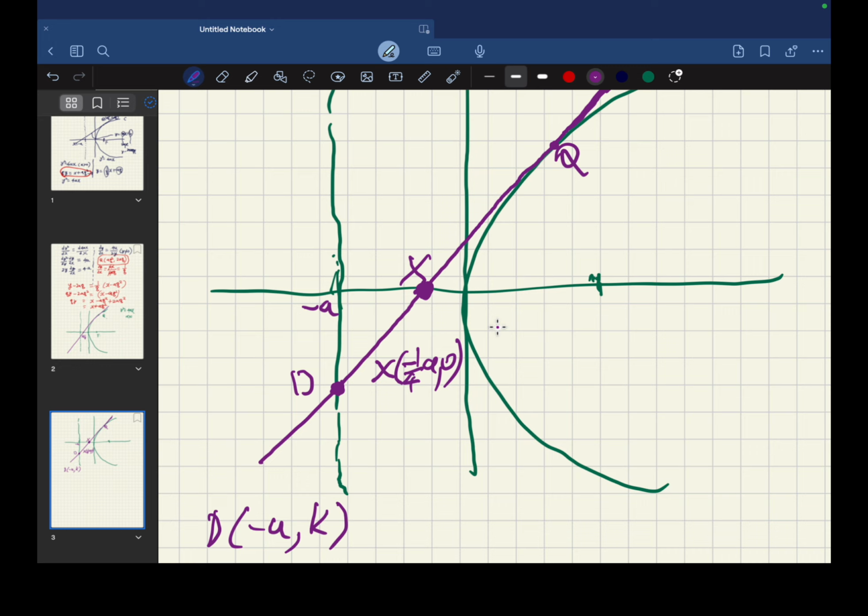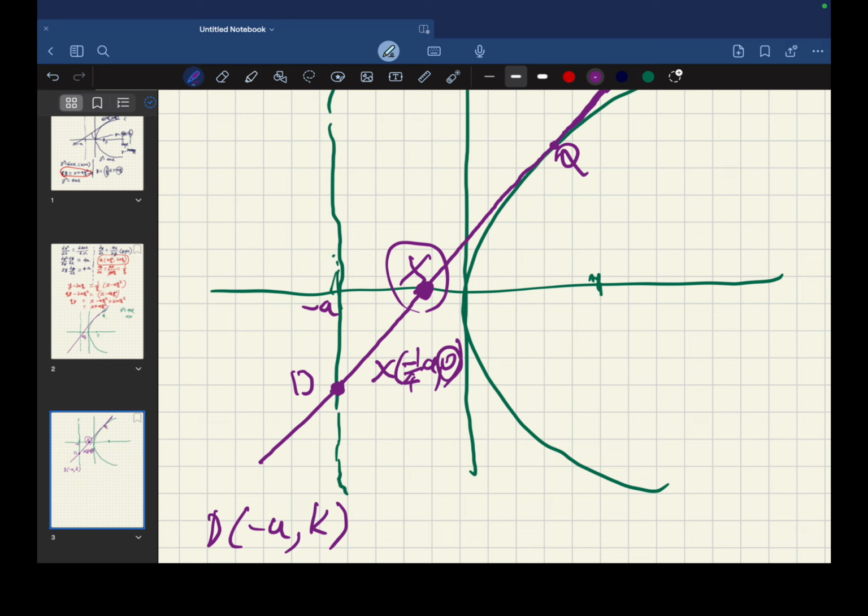Since X is also on the tangent line, the equation that we calculated above, we can substitute this value into our equation, because the y value of the point X is 0.